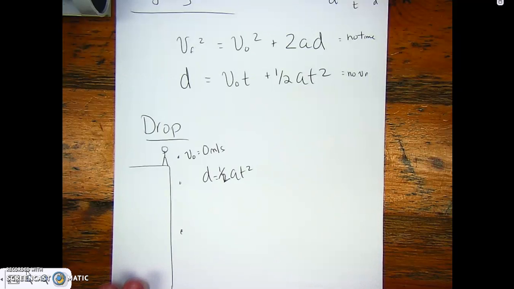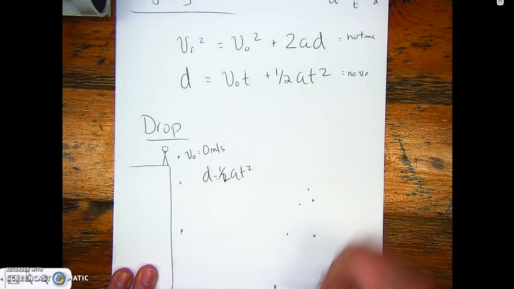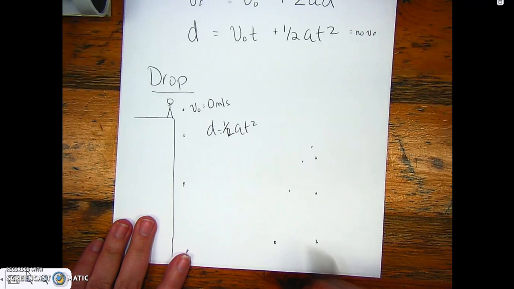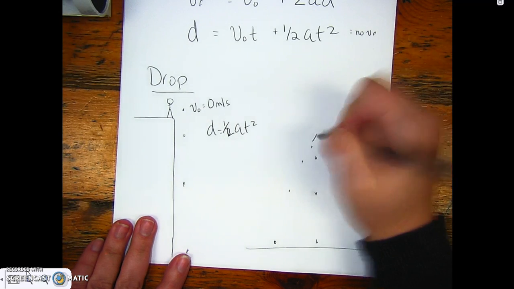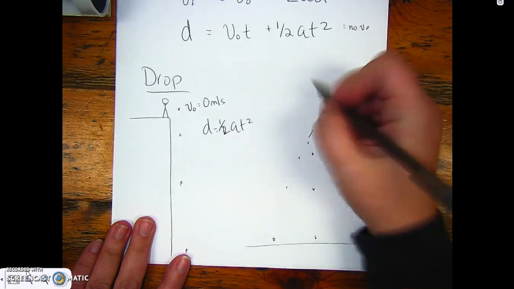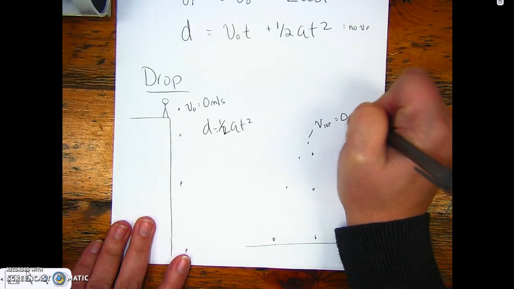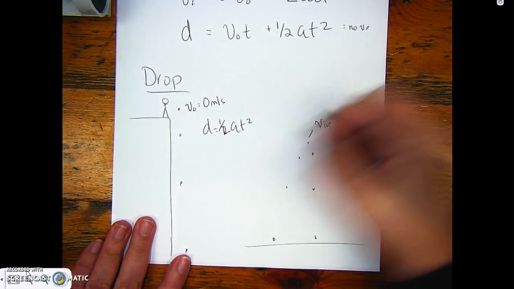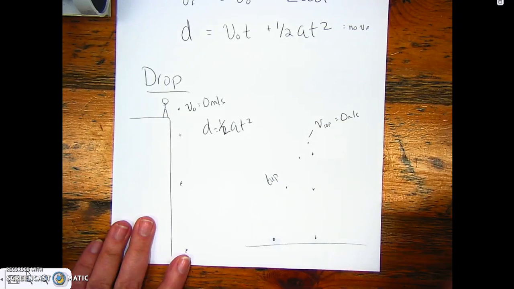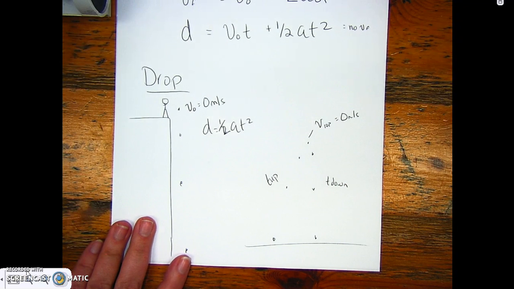And then also, if we're going to toss something up in the air, there are some things to conceptually remember about this sort of example. So up at the top, we know that the object is going to stop for a minute. So the velocity up here at the top would be 0 meters per second. We also know that the time to fly up in the air would be equivalent to the time that it takes to fly down in the air.